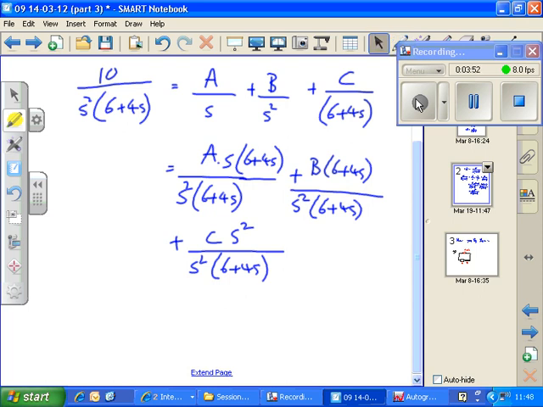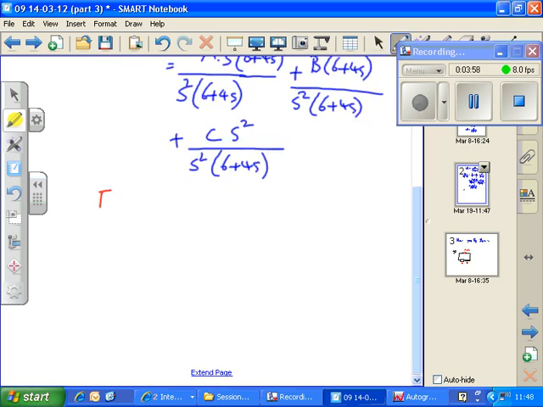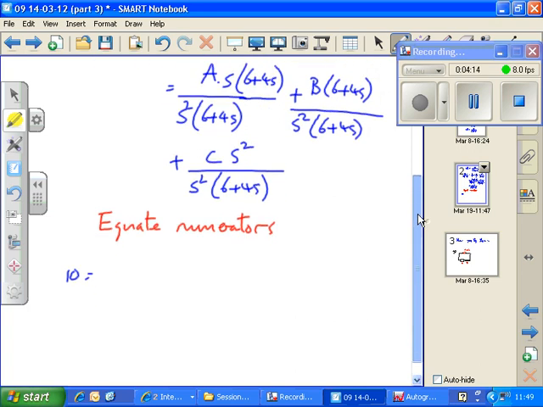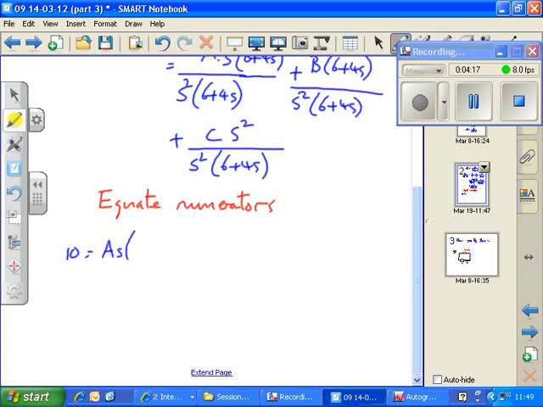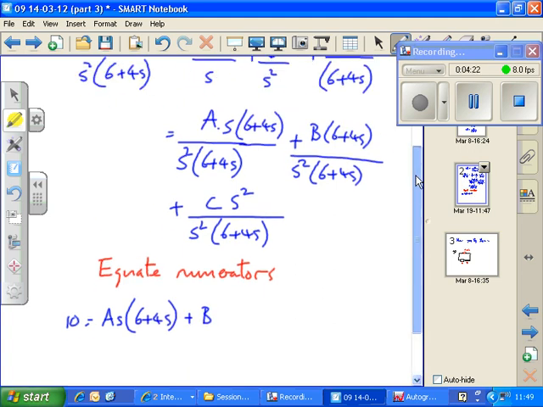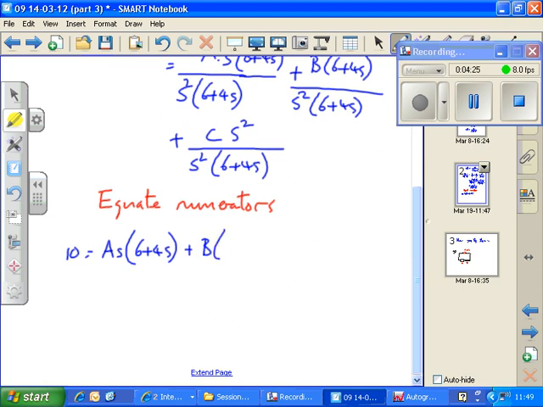Now I can equate numerators because the denominators on the left and the right hand side are the same. So equating numerators, I can write that 10 equals A s (6 plus 4s) plus B (6 plus 4s) plus C s squared.